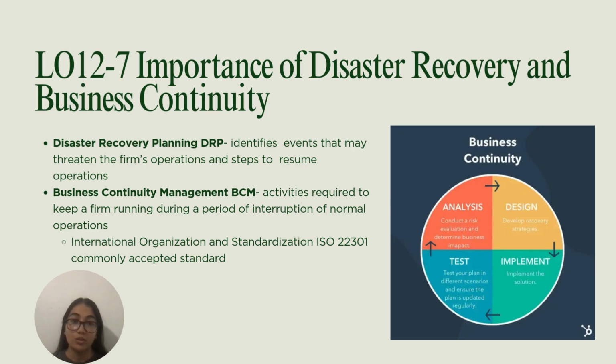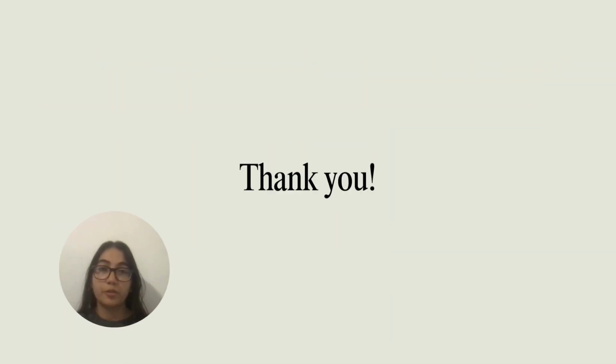It gives a plan to establish, implement, operate, monitor, and improve the BCMS, and it includes understanding the firm and identifying risks, analyzing the business impact of the risks, determining the BCM strategy and developing plans, and testing, maintaining, and improving the practices. So this concludes our presentation of cybersecurity and computer fraud.